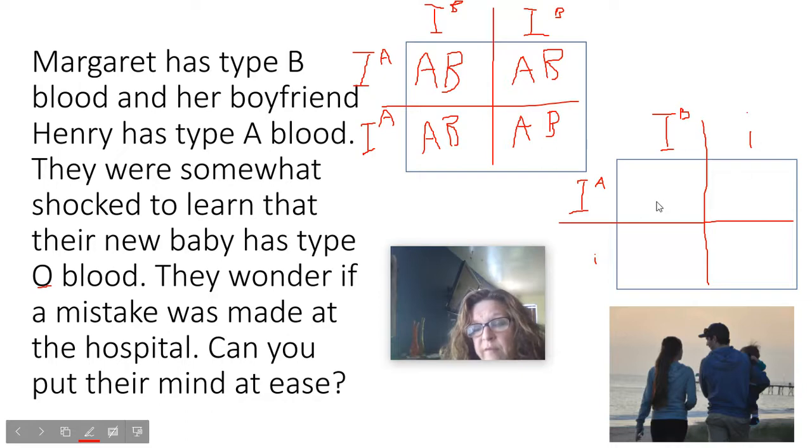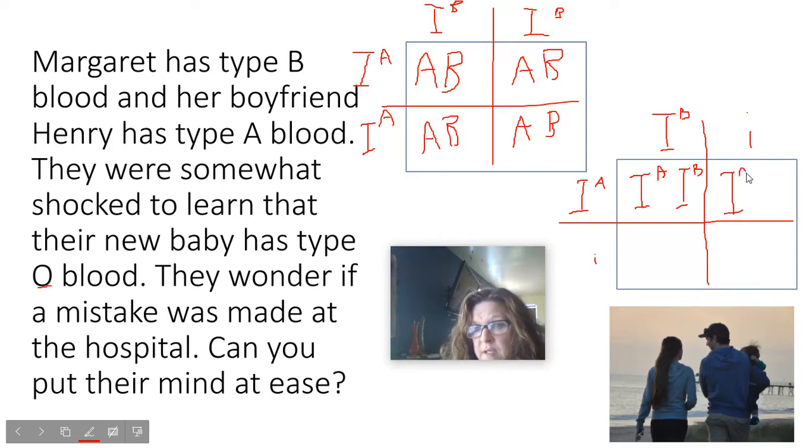Let's see what if they're both heterozygous? Okay, so if they're both heterozygous, getting an A from Henry and a B from, oh, I'm putting in genotypes again now. Not very consistent, but I guess I may as well finish this off like that. Okay, so in this case, got an AB genotype.